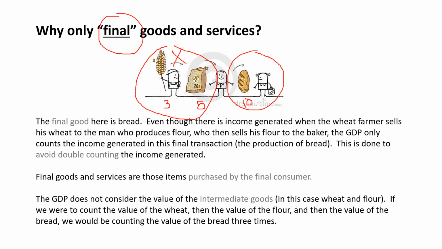To avoid double counting, the expenditure on intermediate goods, in this case the wheat and flour, is already included in the market value of expenditure made on the bread. So the $3 and the $5 are already included in the $10. So in order to avoid double counting, we will not include any intermediary goods. We only include the final goods.